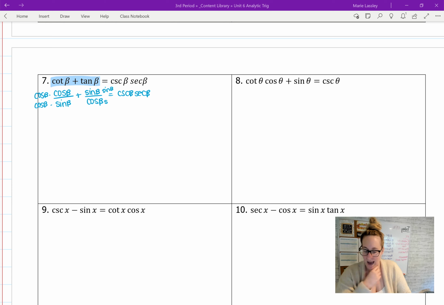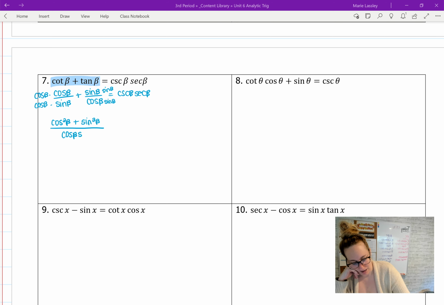So I have cosine times cosine giving me cosine squared beta, plus sine times sine giving me sine squared beta, all over cosine beta sine beta. And I want this to equal cosecant beta secant beta. Okay, so now I'm here.